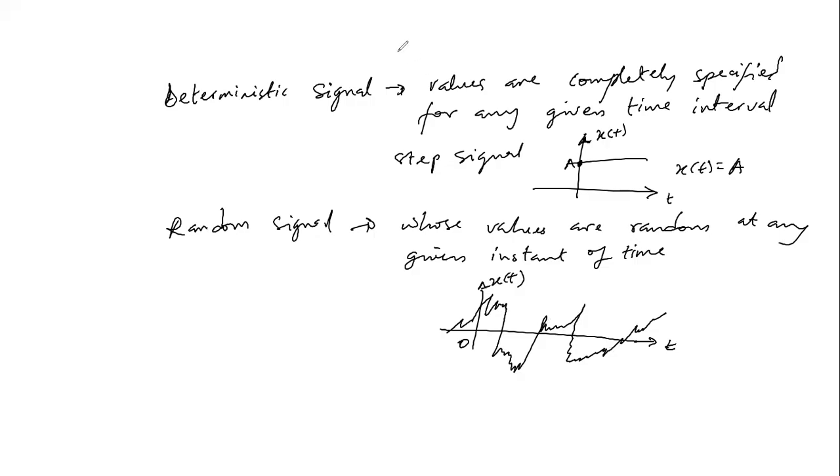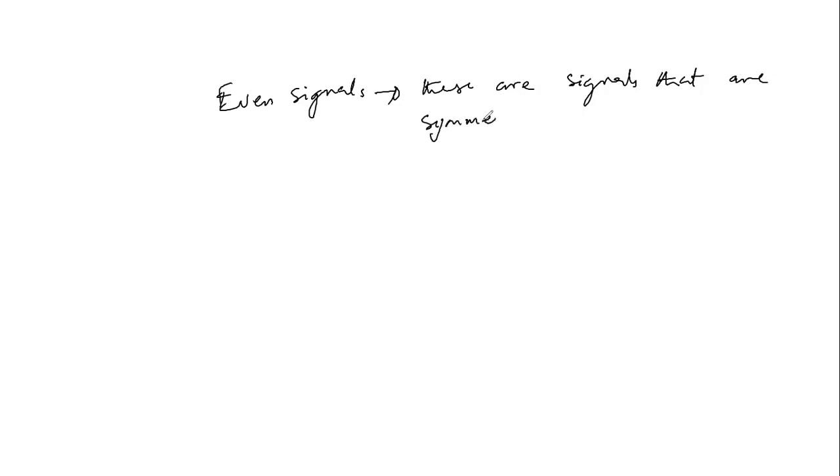Then we also have even signals. Now, even signals are signals that are symmetrical about the y axis, or better still, the s of t, x of t axis.